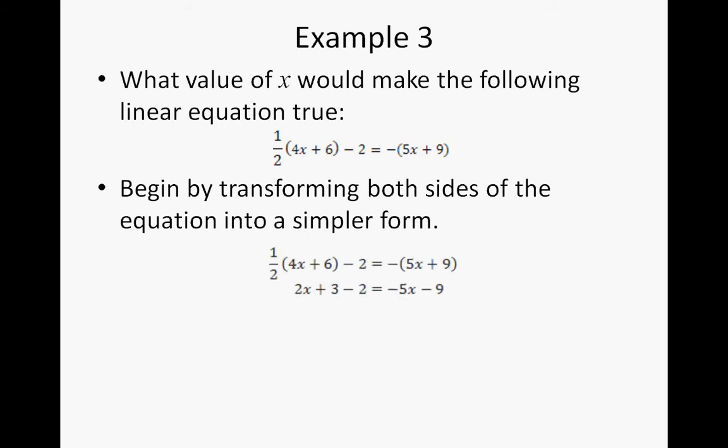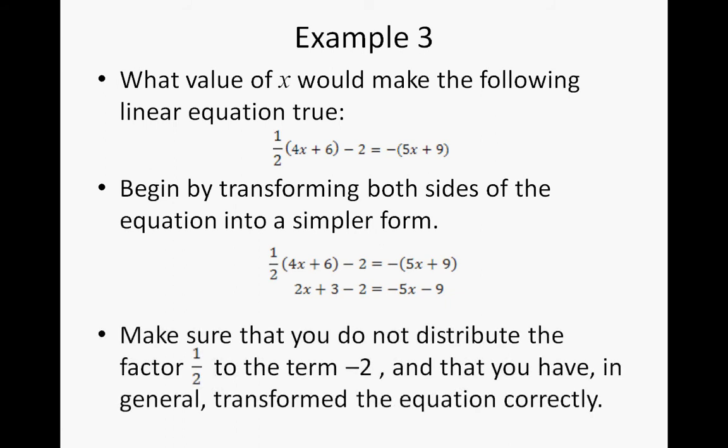Well, 1/2 of 4x would be 2x. 1/2 of 6 would be 3. Then minus 2 is equal to the opposite of 5x, which would be negative 5x, and the opposite of 9, which would be negative 9 or minus 9.